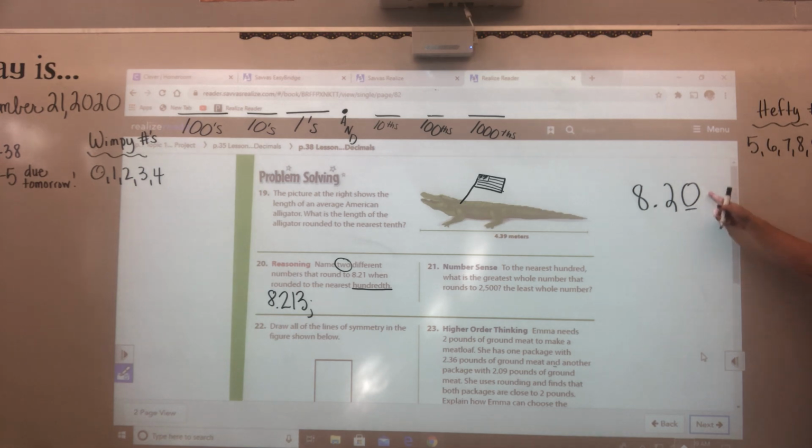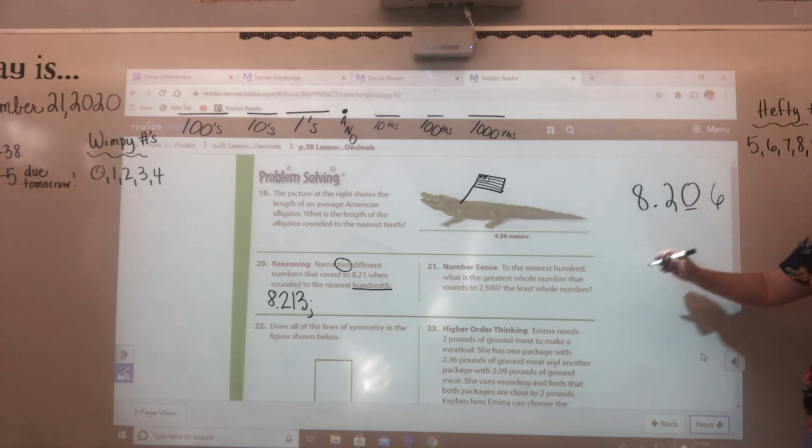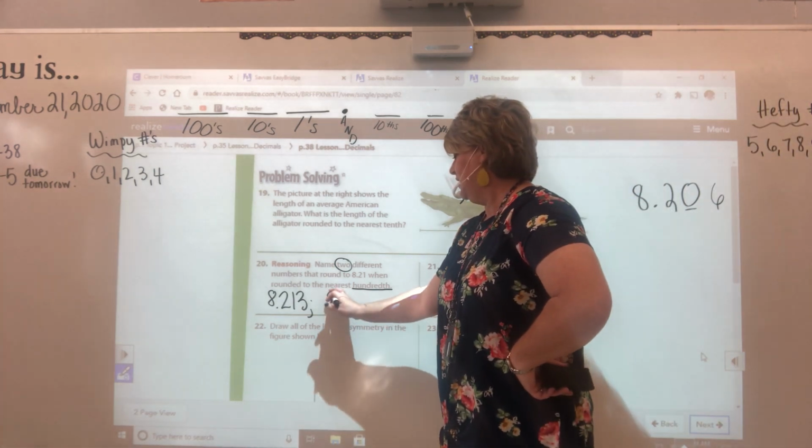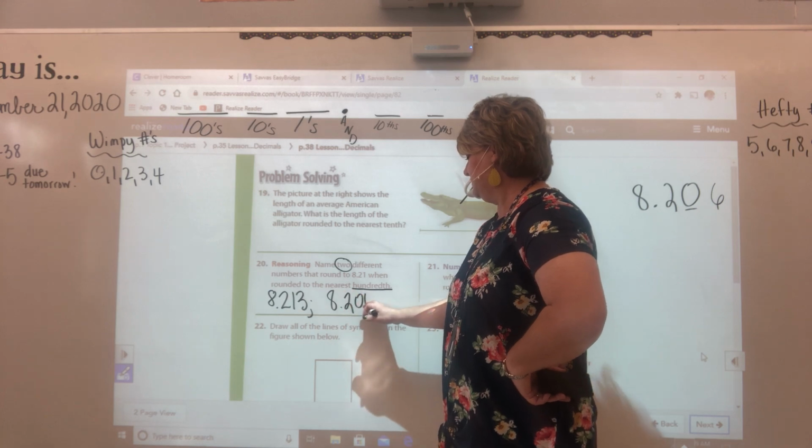Could a 0 go here? No. Guess what the 0 is going to do to that 0? Could a 1 go here? No. Why? Because it's a wimpy number. What has to go there? I got a couple of choices. Bentley? Could a 6 go there? Yes. Why? What's that 6 gonna do to that? Change it to 1. Then that's a good answer. 8.206.